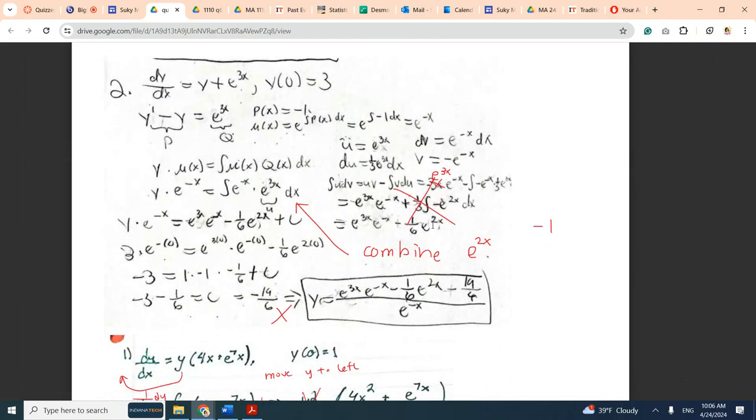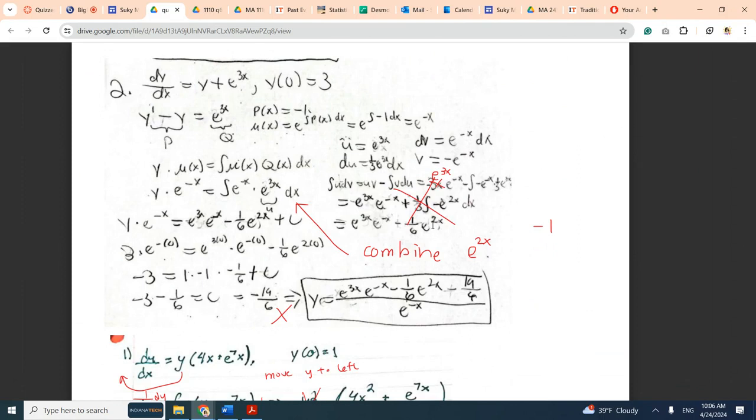No product rule. If you want to use integration by parts, yes, it's okay to do that. But then here, uv, do you see uv is e to the 3x times e to the minus x. So it's still e to the 2x. And you will see after the integration by parts, you have the same answer when you simplify them.